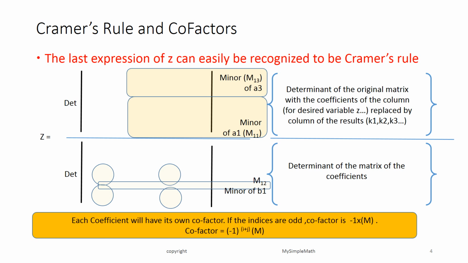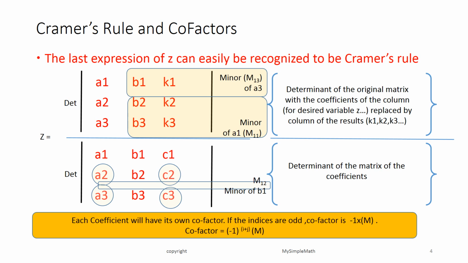Let's practice a little bit more with expressions for Z. Let's say, for example, Z again is represented as the determinant of the original matrix where C1, C2, C3 are replaced by K1, K2, and K3, and the denominator has the original matrix with A1, B1, C1, A2, B2, C2, and A3, B3, C3.